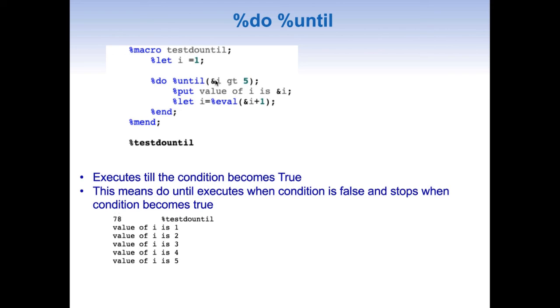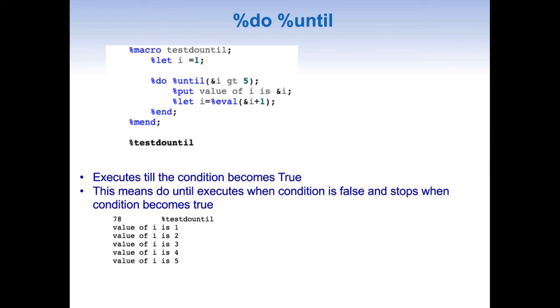Means here the value is 1 till it reaches greater than 5. It loops through again and again until it becomes greater than 5, and once it becomes greater than 5 it comes out of the loop.